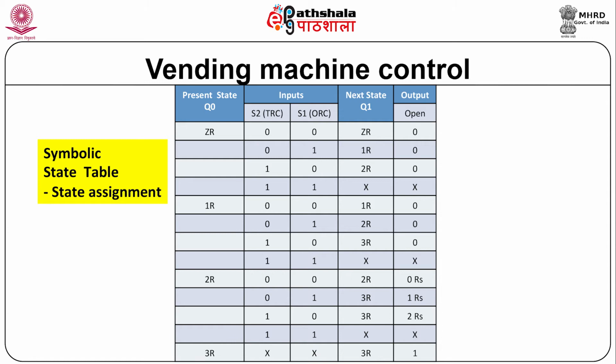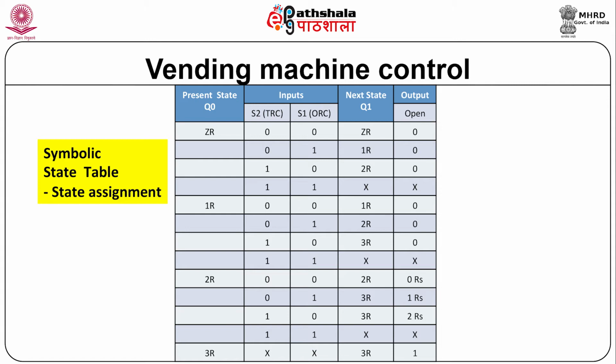Let us prepare a symbolic state table which includes present state, next state along with inputs and outputs. We can fill the state table from the state diagram. For example, present state to next state transition depends on inputs.